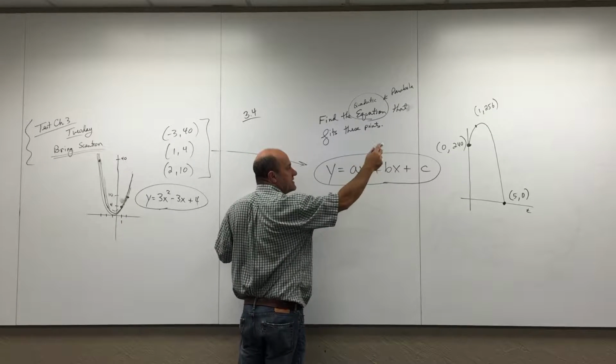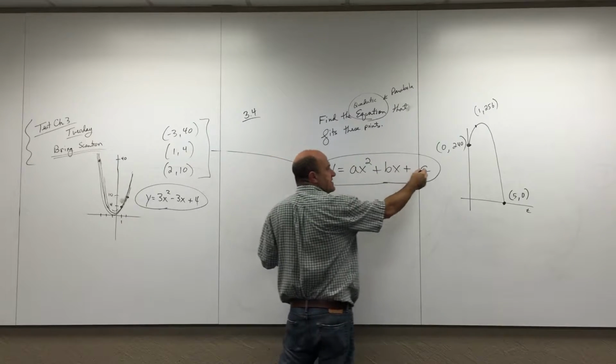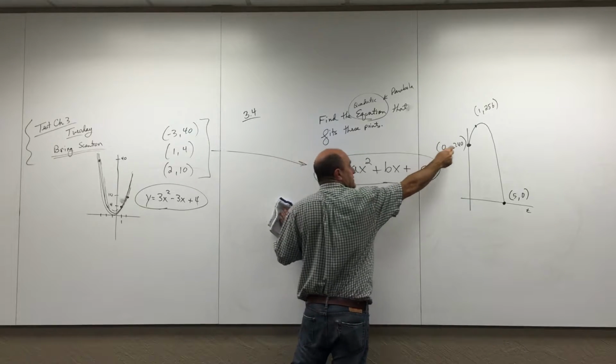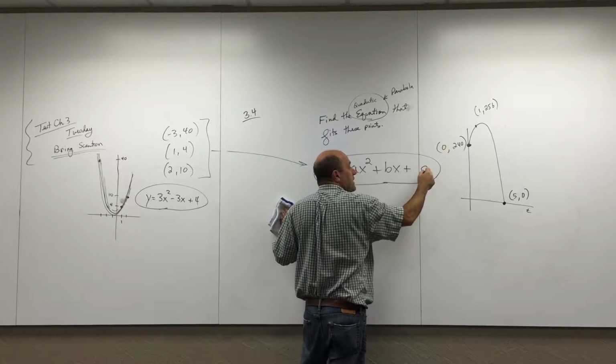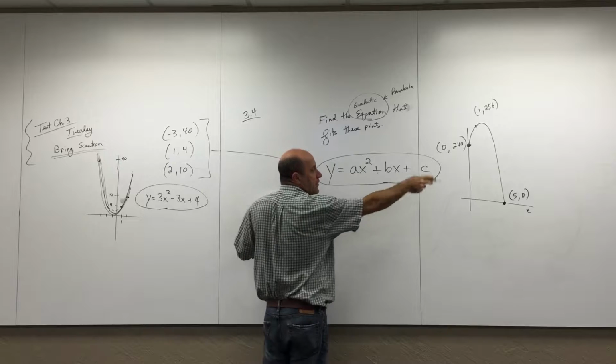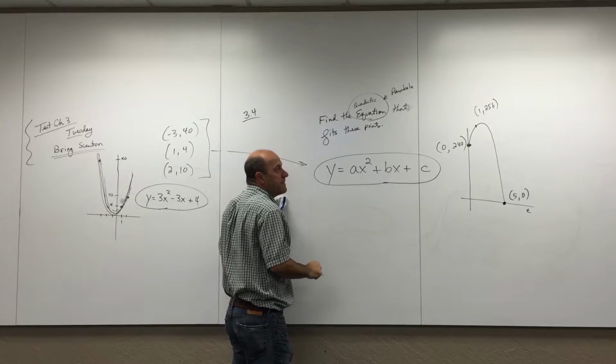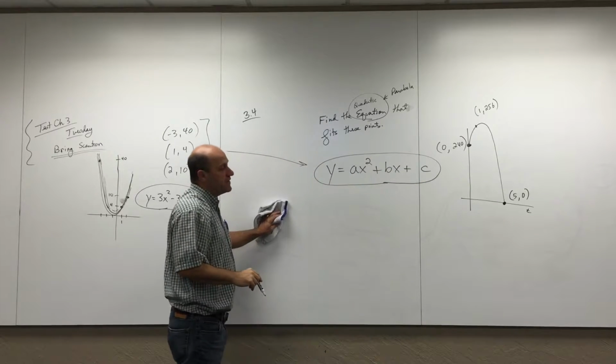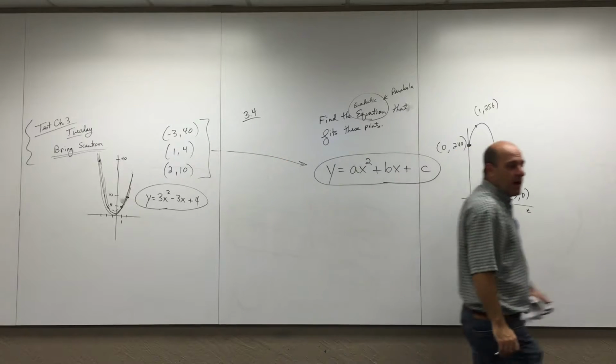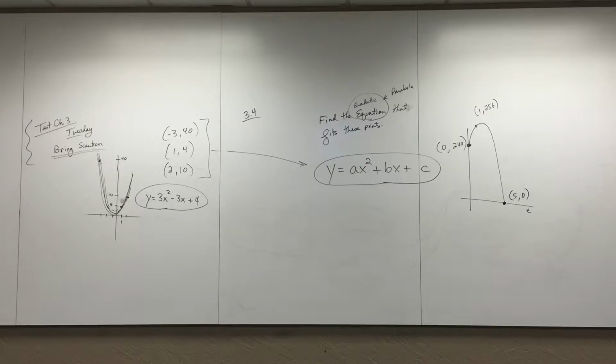Plug in y's and x's. Right off the bat, the c is 240, I think, right, you guys? The c is 240, and then you have to use those other points to find a and b. Yeah, I think I'll just leave you with this one. They do say use x as the variable.